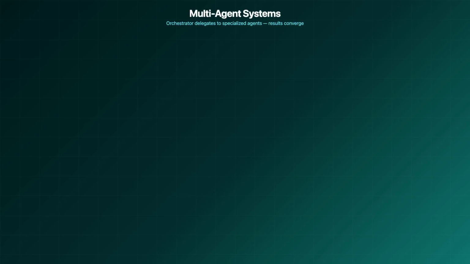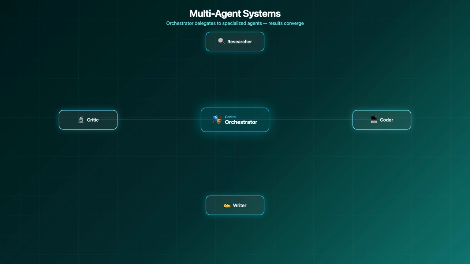A single generalist agent must switch contexts between various tasks, leading to inefficiency and errors. Multi-agent systems improve this by assigning each task to a specialist and coordinating them through an orchestrator. The orchestrator takes the main goal, breaks it into tasks, assigns them to specialists, and combines their results.